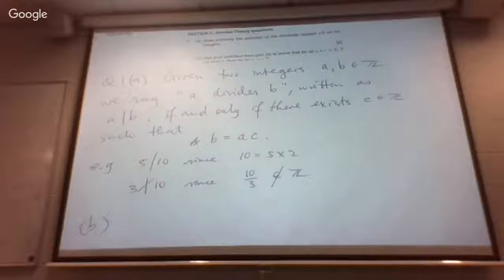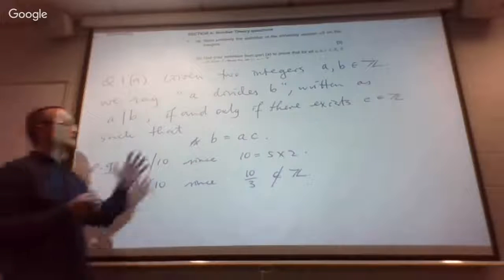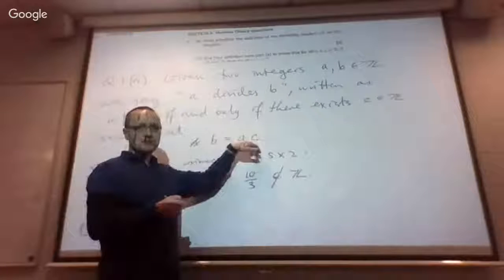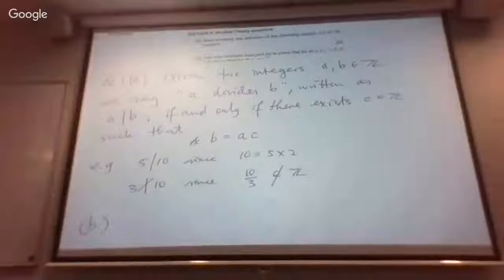I would maybe want to see the actual, just to make it clear that it is the existence of another integer and that the product of those two is equal to B.